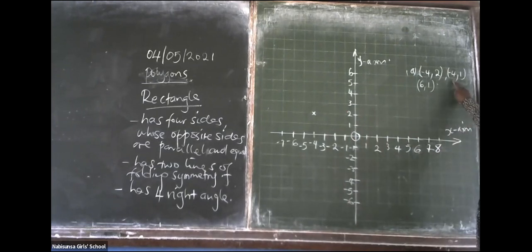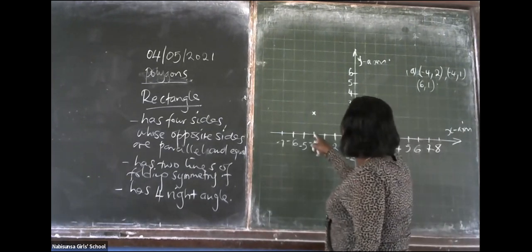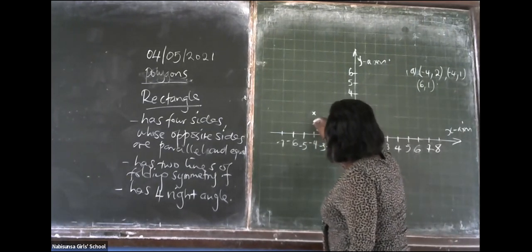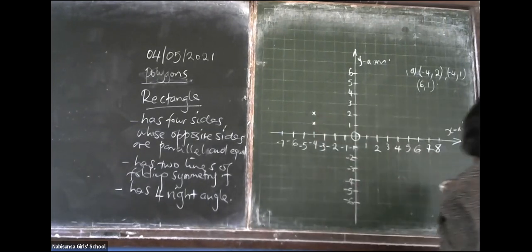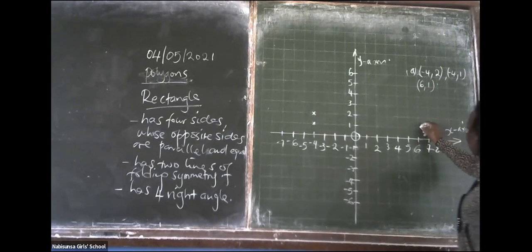Then we have -4, 1. -4 is our X coordinate and 1 is our Y coordinate. Then we have 6, 1: 6 on the x-axis, 1 on the y-axis.